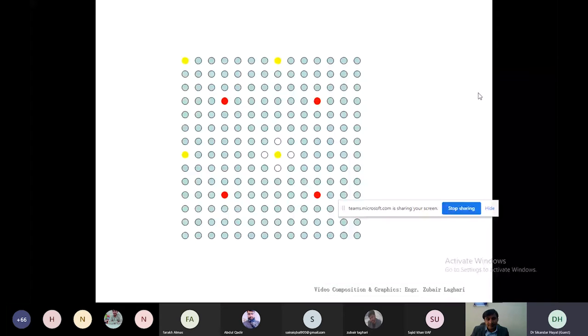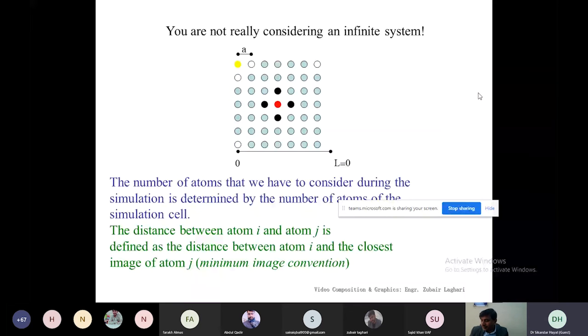Now this is the story: this yellow ball atom is not interacting with this lattice constant, but it is interacting actually with the other unit, which is the image of this one. We can say that this is the length of the atom. The supercell is just like the lower line, which is horizontally representing that.